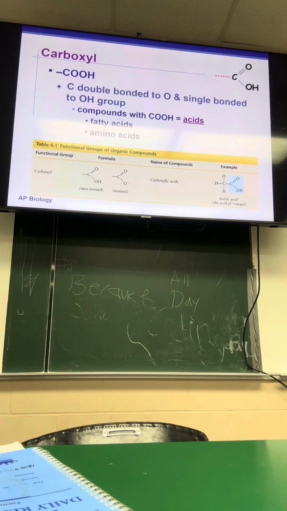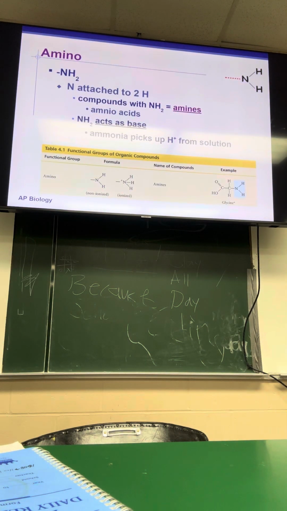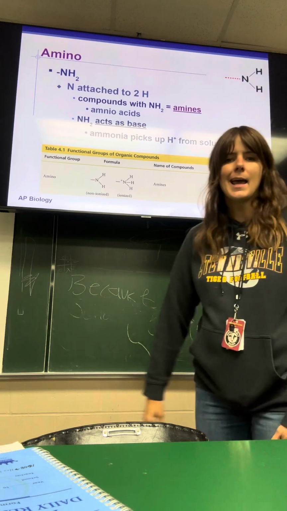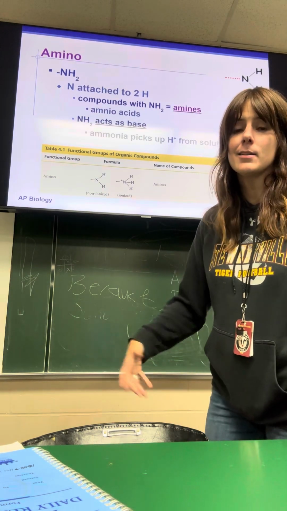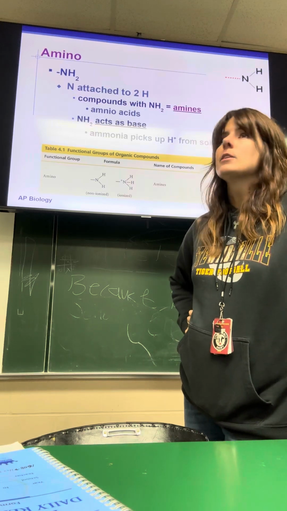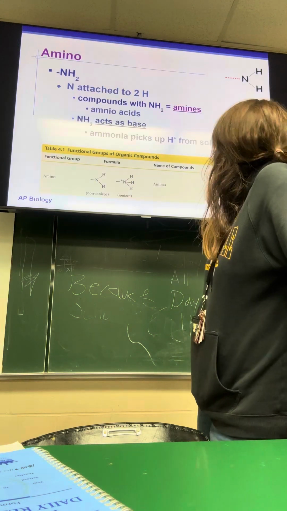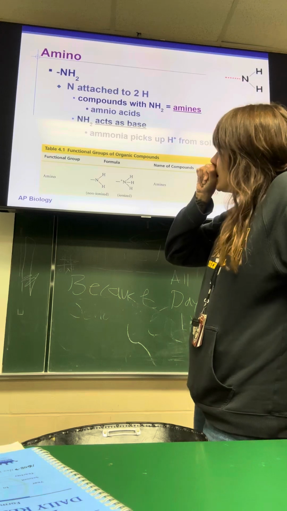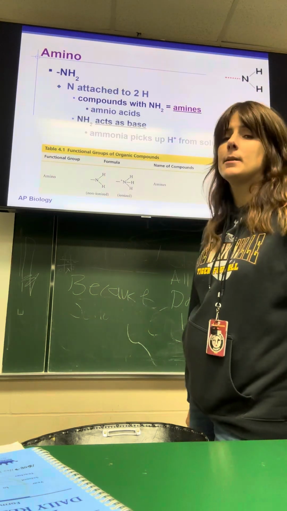Then amine or amino: amino has an N, has nitrogen in it. It's the only one with nitrogen in it, NH2. So we're looking for amino, and we're thinking of building amino acids.